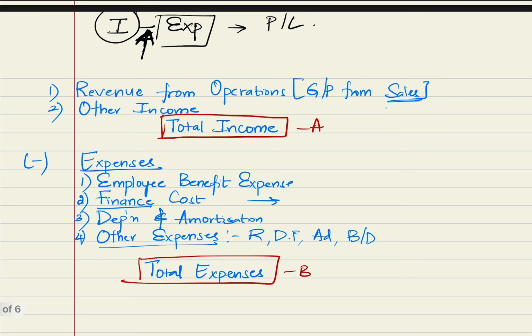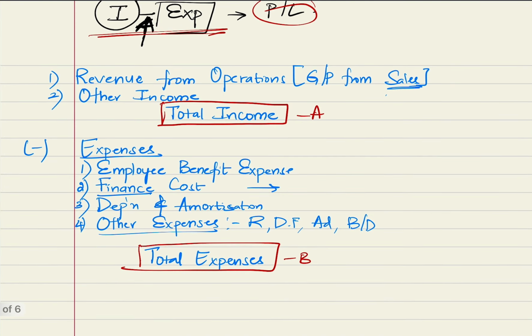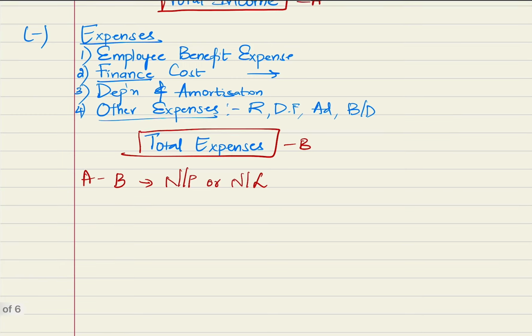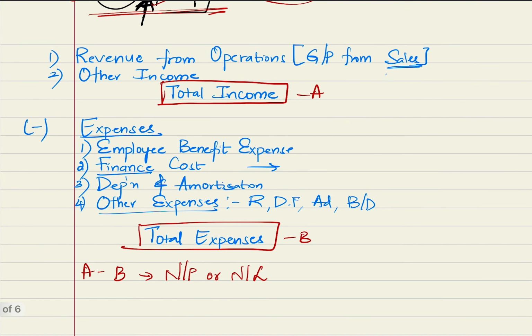Now what did we do here? To find out profit and loss, we expanded this formula. Income minus expense, correct? So A minus B will give us the net profit or net loss incurred by the business for that particular period of time.